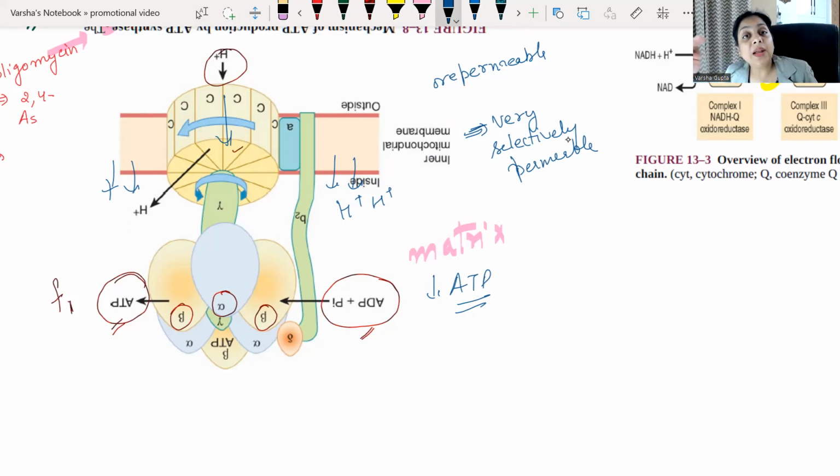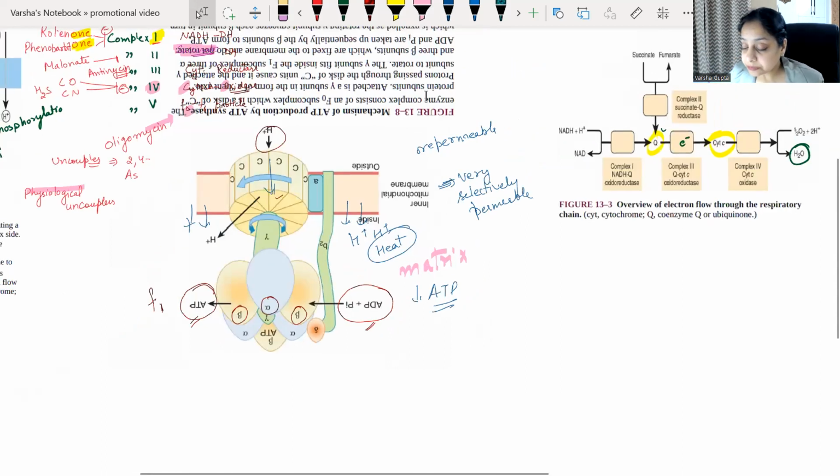So एक kind of an electrochemical gradient setup हो जाता है, energy हो जाता है वहां पे. When the uncouplers allow the protons to come as such without passing through the ATP synthase, then वो energy कैसे lose होगी? That energy is lost in the system in the form of heat. So the person will feel feverish, body temperature with the uncouplers becomes higher. You can write that point also in your exam, right?